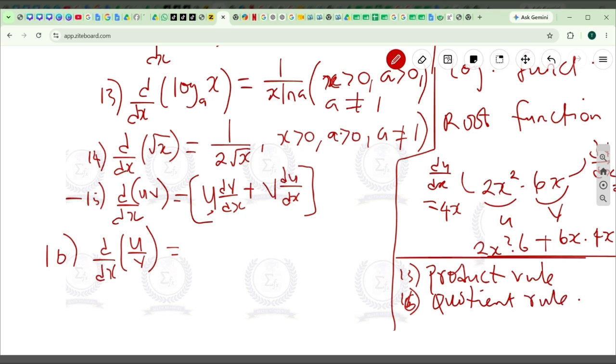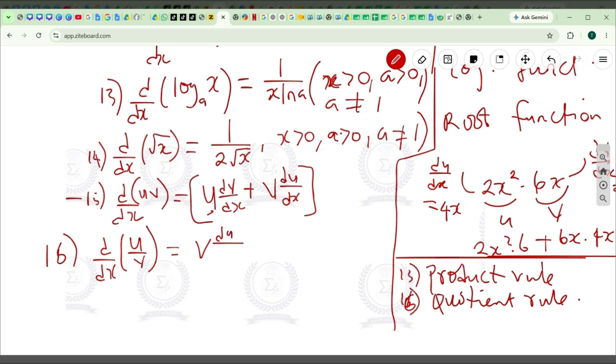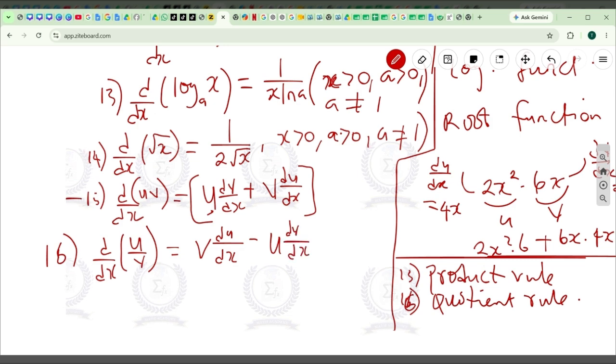So whenever you have functions dividing each other, what to do is you say v du over dx minus u dv over dx, all over v squared.